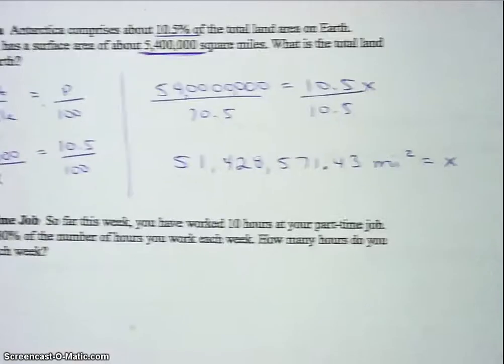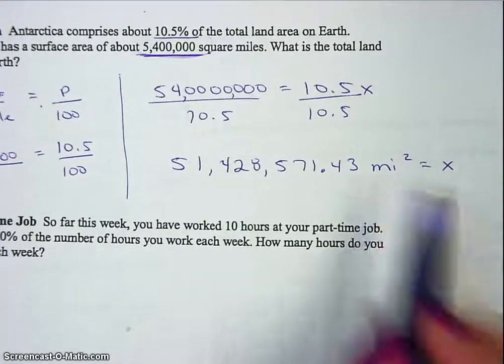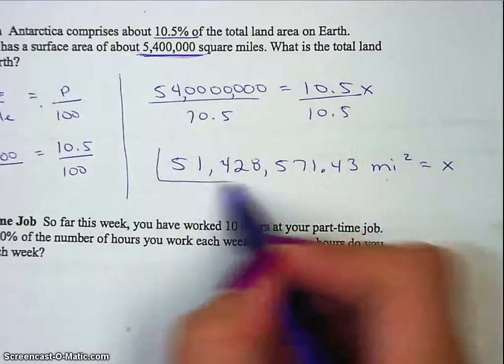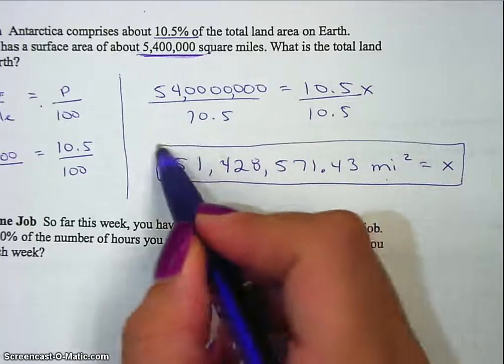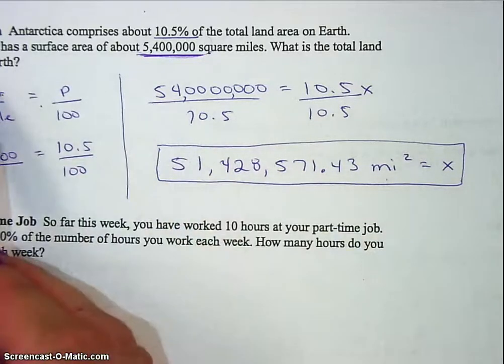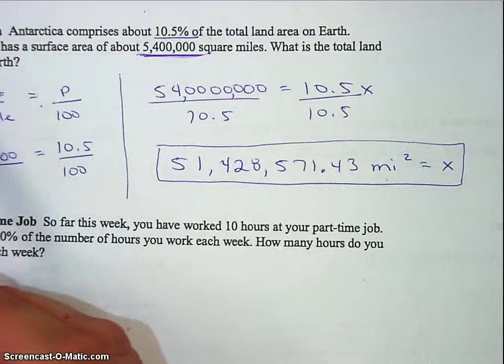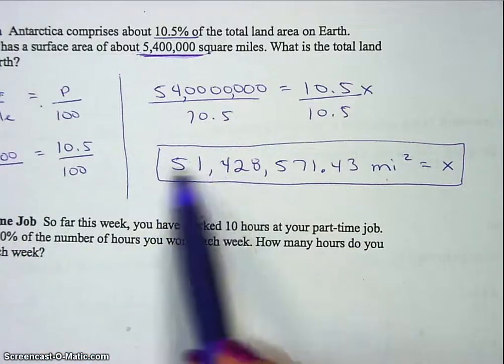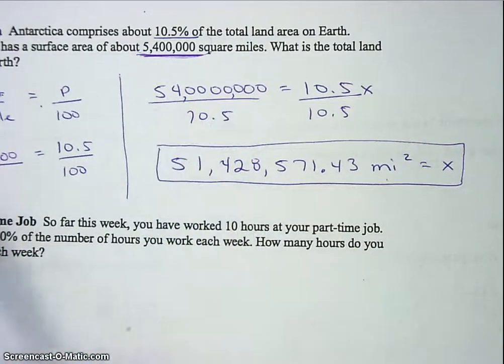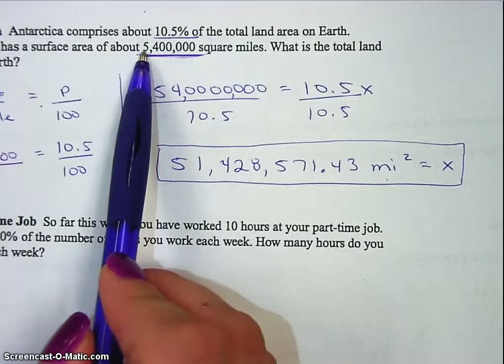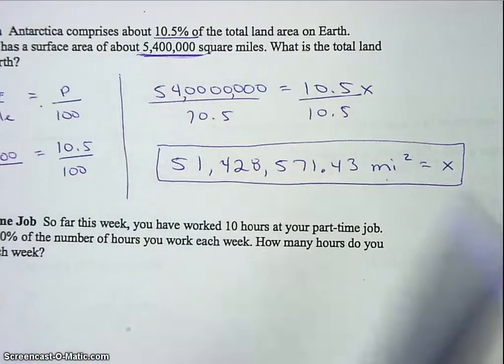Notice I included my units, square miles. We would expect the land area, the surface area of the Earth, to be a lot bigger than the surface area of Antarctica. And it is. 51 million is bigger than 5 million, which is what Antarctica was.